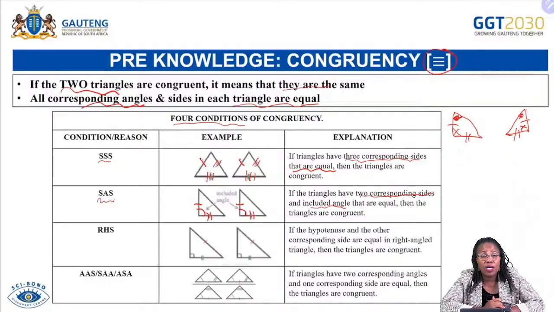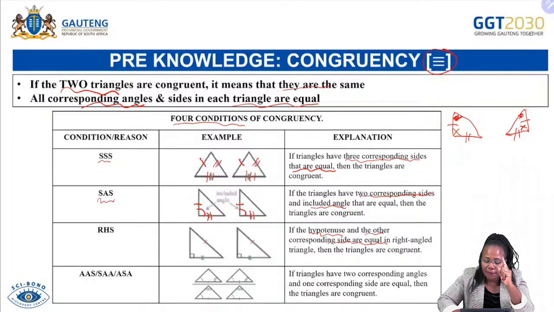Now the third condition is that the hypotenuse and another corresponding side must be equal in a right angle triangle. Number one, the two triangles must be right angle triangles, because you can't have a hypotenuse where there is no 90 degrees.